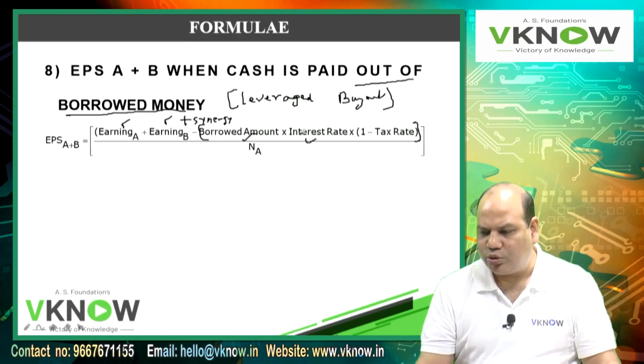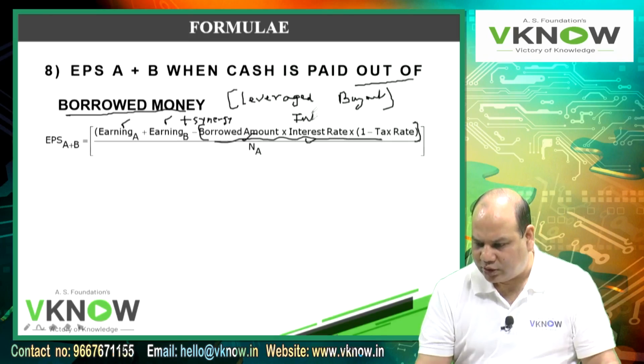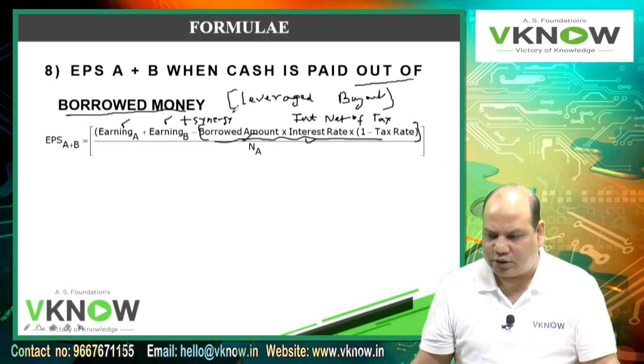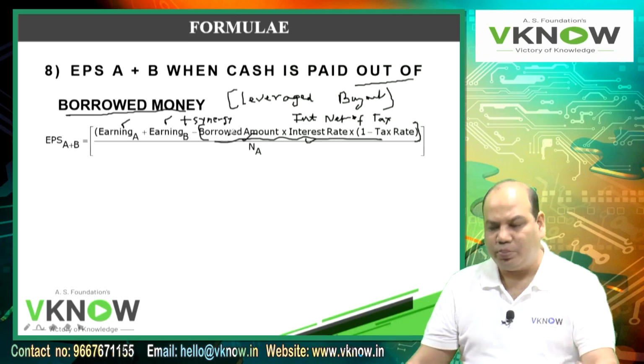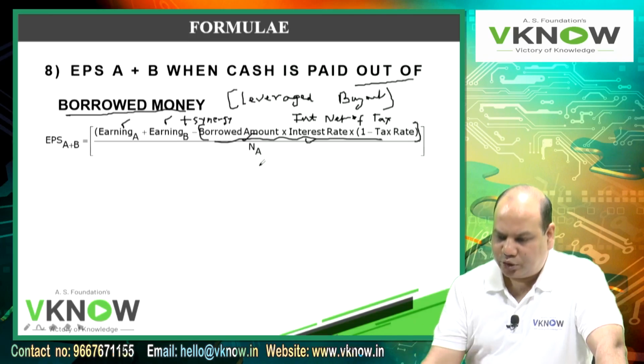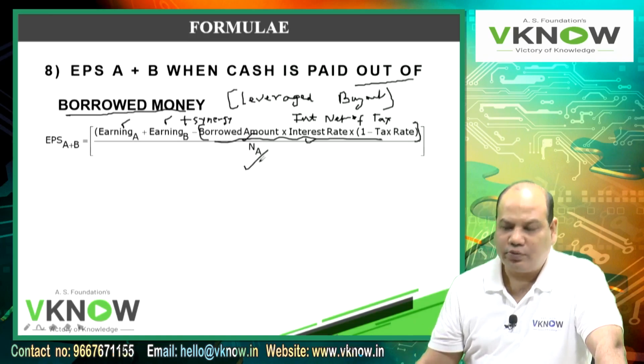Borrowed amount into interest rate into 1 minus tax rate. This whole thing we can just call it interest net of tax, because after acquiring the target company we'll have to pay the interest. On interest we'll get tax shield, and more importantly in the denominator just write number of shares of A.